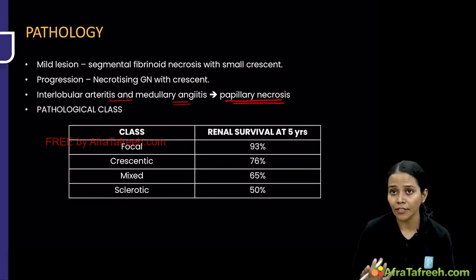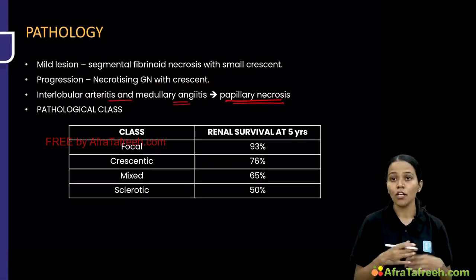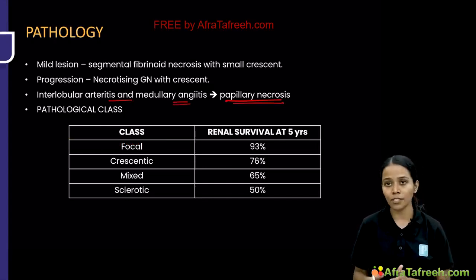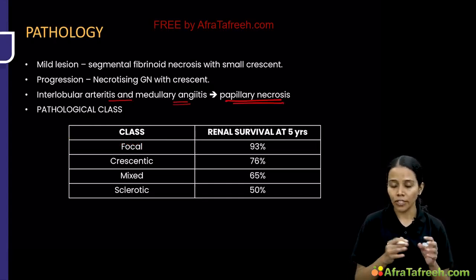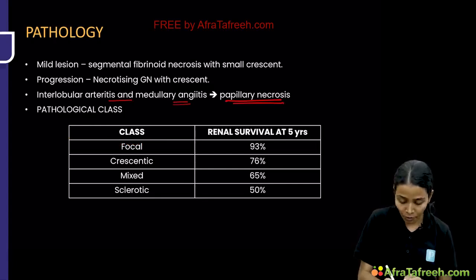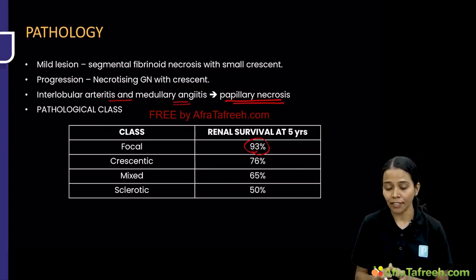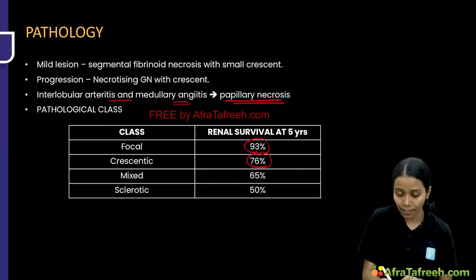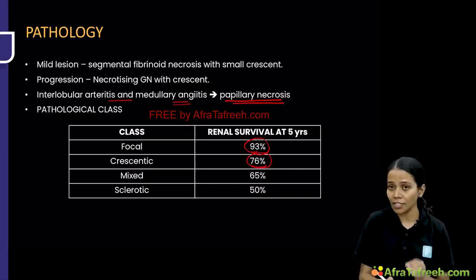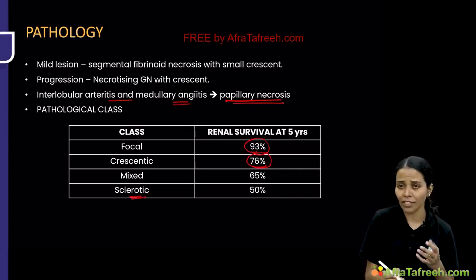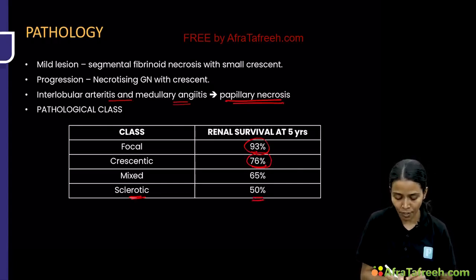Based on the pathology that we see, we can classify this into 4 classes: focal, crescentic, mixed, or sclerotic. Okay. So it can be focal involvement, which has the best survival rate, which is 93%. Next is crescentic, which can be 76%. The condition with least renal survival is sclerotic because everything is sclerosed. It's only 50%. Okay.